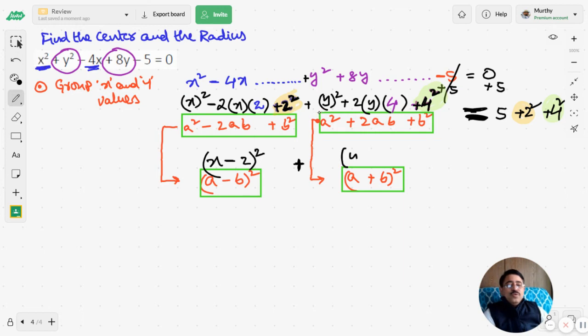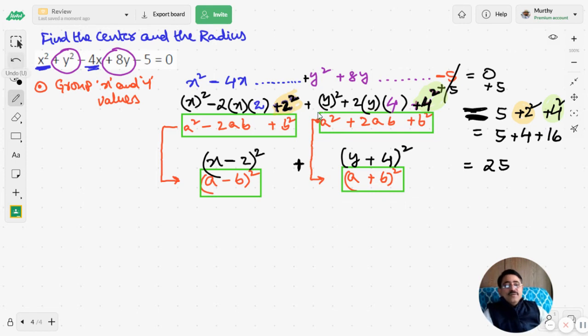Therefore, a equals y plus b square. I see that it is 4 square. So y plus 4 square equals, let me compute, 5 plus 2 square, 2 times 2, 4 square, 4 times 4 is 16. That gives me 25.